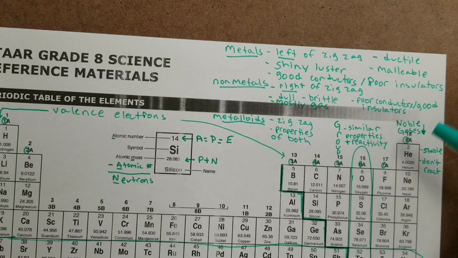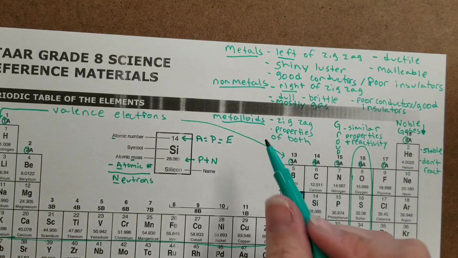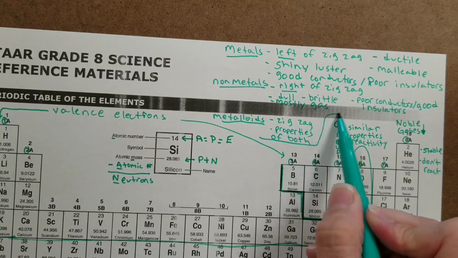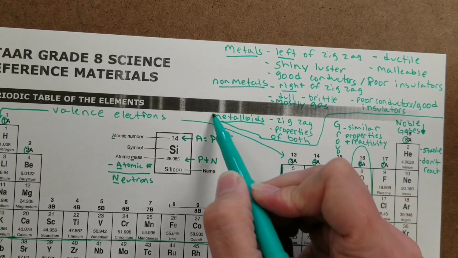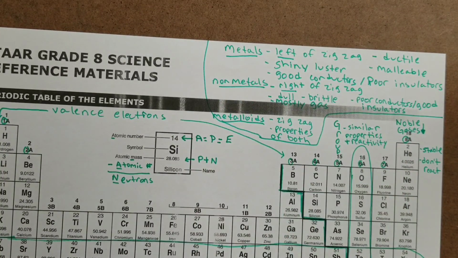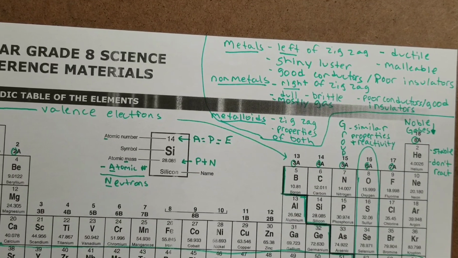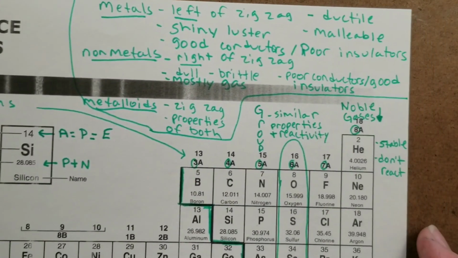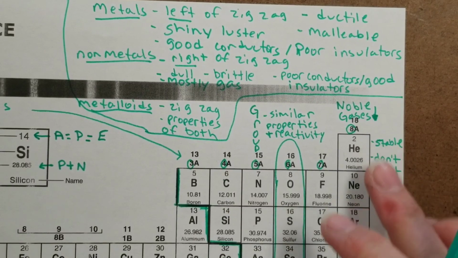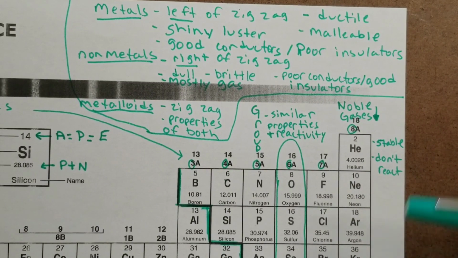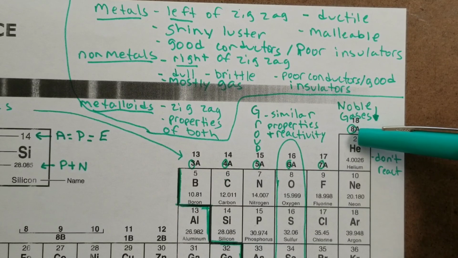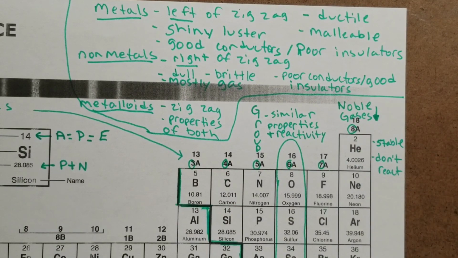I mentioned here that noble gases, and you know what? This is kind of bothering me. I want to separate that a little bit. Okay, so let me zoom in a bit so you can see that. All right, so my noble gases, we said they are stable, they don't react. That's because they have 8 valence electrons. And if you remember, that outer level for electrons, the outermost energy level that we talked about in 8th grade science, we said the maximum number was 8.